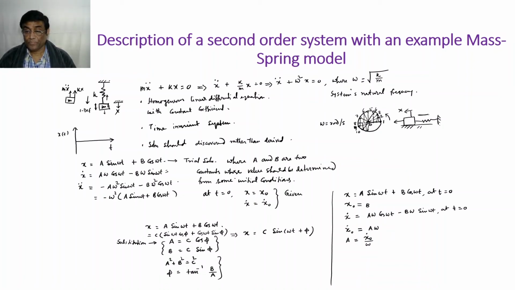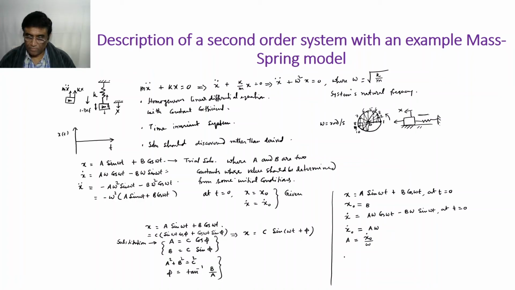So you see, this is given x naught dot, omega is given the moment I have given you a mass spring system. So in terms of these initial boundary conditions, A and B are obtained. Okay, once A and B are obtained, C is obtained. And once A and B are obtained, then phi is also obtained, right?